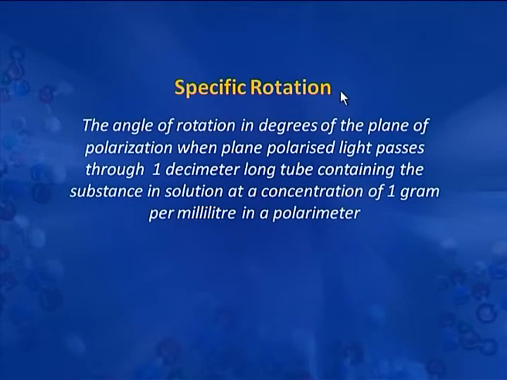Specific rotation is defined as the angle of rotation in degrees of the plane of polarization when plane polarized light passes through a 1 decimeter long tube containing this substance in solution at a concentration of 1 gram per milliliter in a polarimeter.